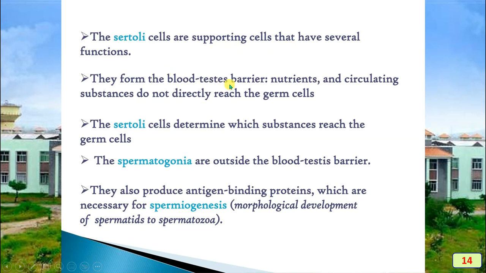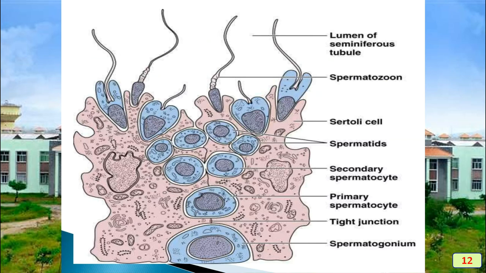They form the blood-testis barrier, so that nutrients and circulating substances do not directly reach the germ cells. The Sertoli cells determine which substances reach the germ cells, whereas the spermatogonia are outside the blood-testis barrier. And here you can see the spermatogonia are outside the blood-testis barrier.